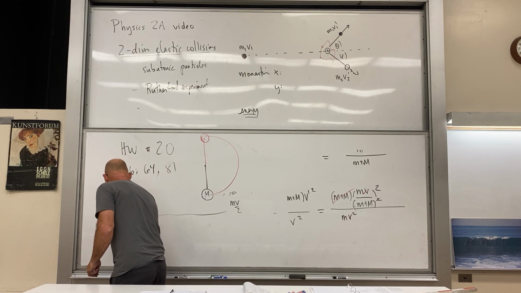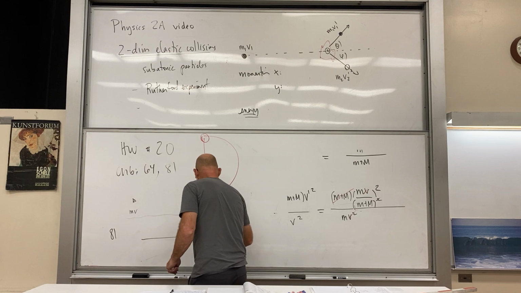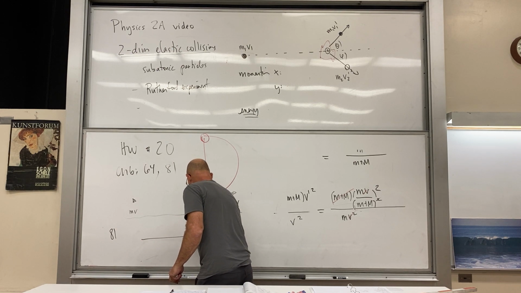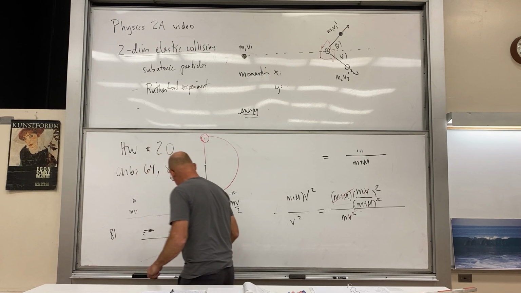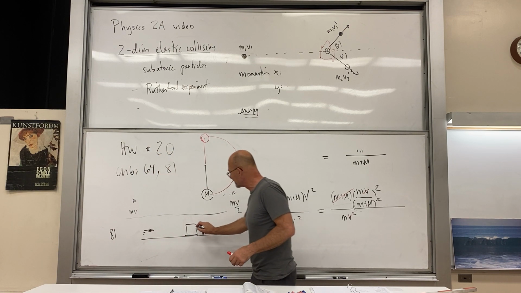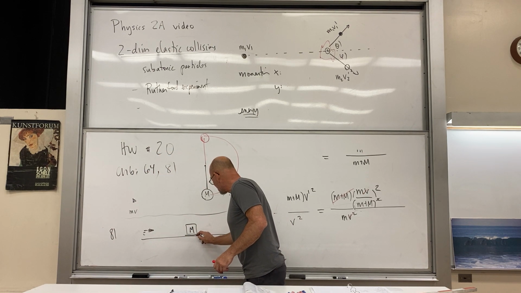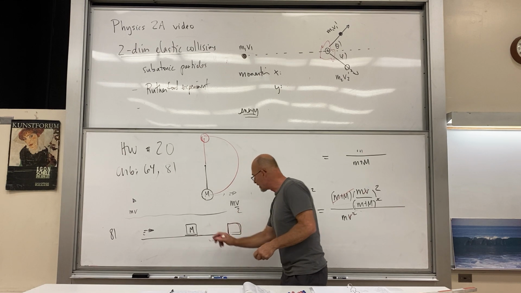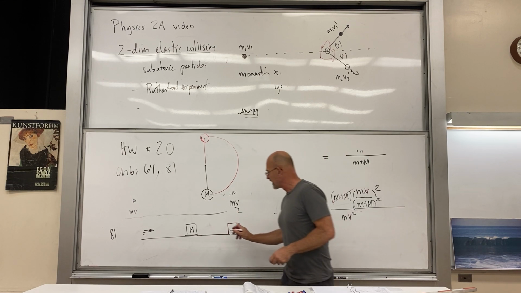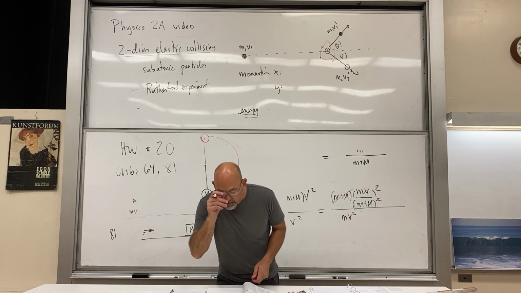This is a perfect review problem. This time you're shooting the bullet into the block, but it's resting on a table, and it's just going to come to a stop over here. I'll draw it red where it came to a stop. It's going to come to a stop at some distance D, or whatever they call it.